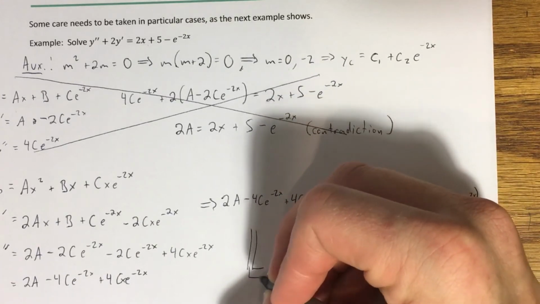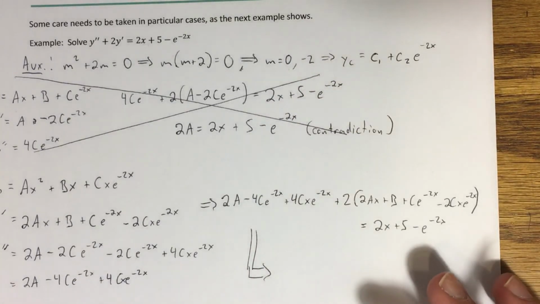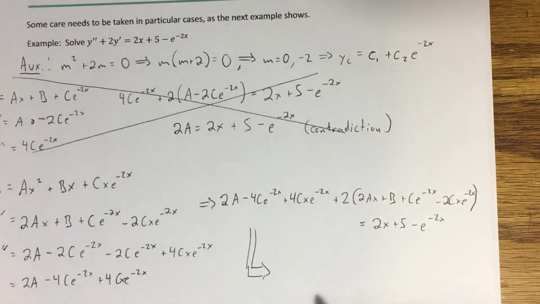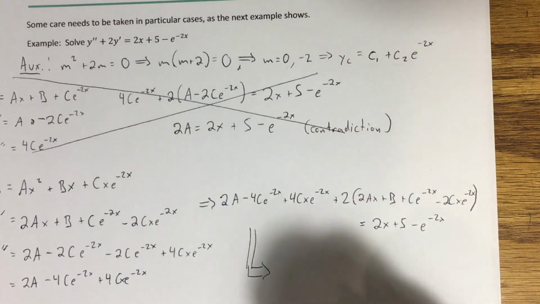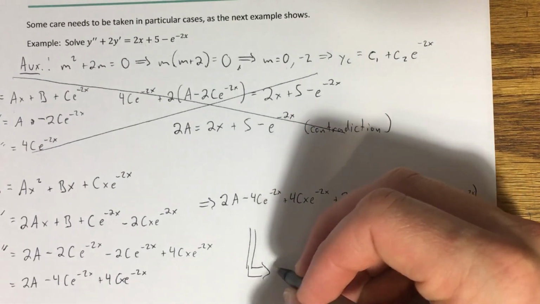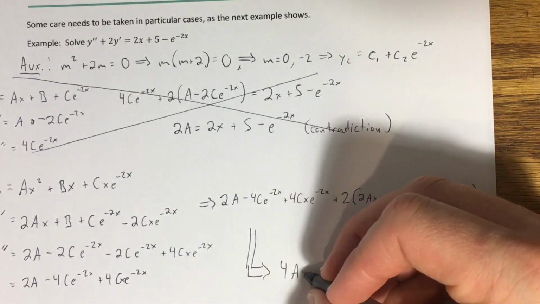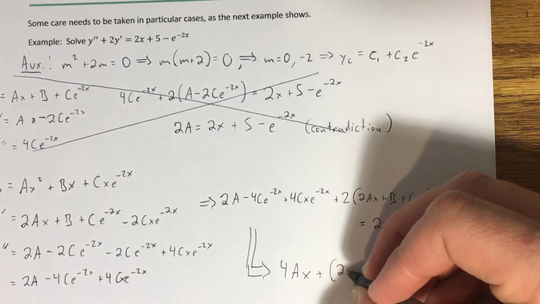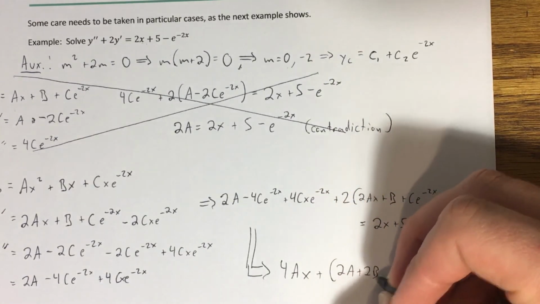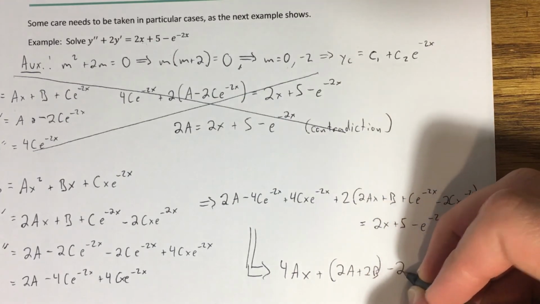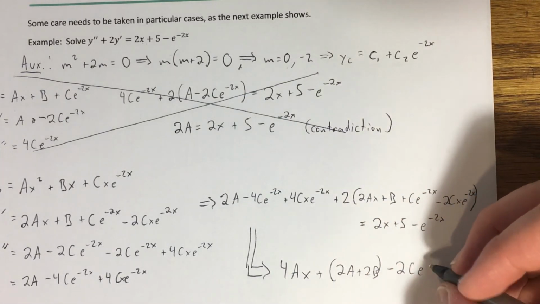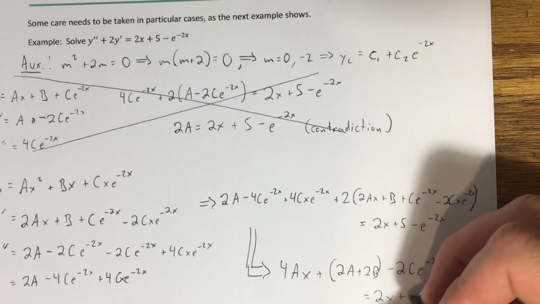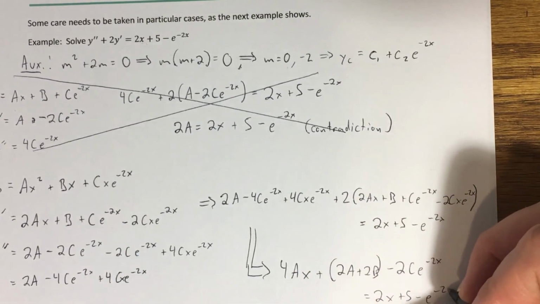Let's go like this. That's going to give me what when I simplify it down? It should end up looking like 4ax plus 2a plus 2b minus 2c e to the negative 2x, once again, equals 2x plus 5 minus e to the negative 2x.